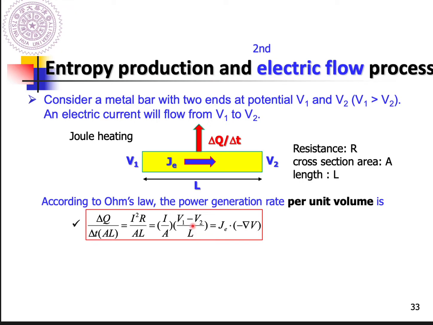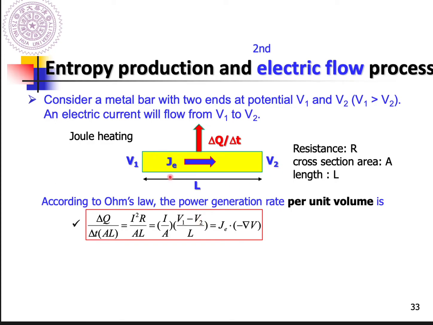But just as I mentioned before, the current goes this way. So if you write it down, it should be V2 minus V1, right? So it would be the minus electrical potential gradient, because this is V1 minus V2.